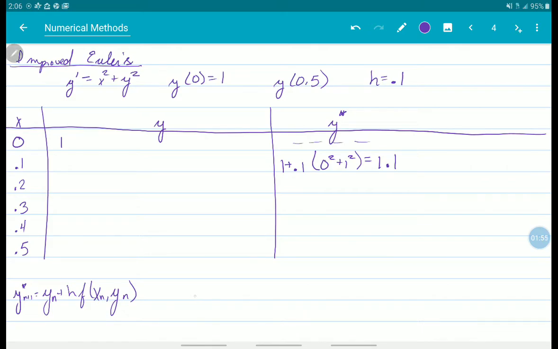So to find the y value, our y sub n plus 1 is equal to y sub n plus h times f of x sub n, y sub n plus f of x sub n plus 1, y star sub n plus 1, over 2.